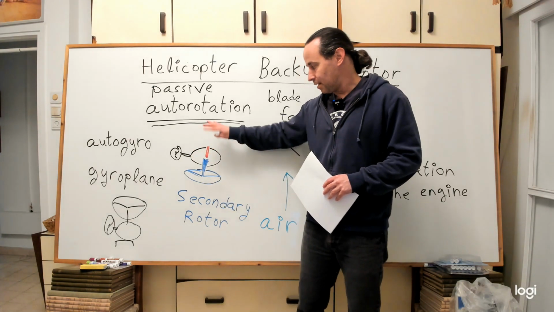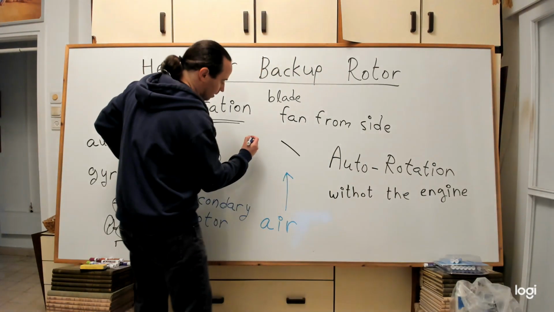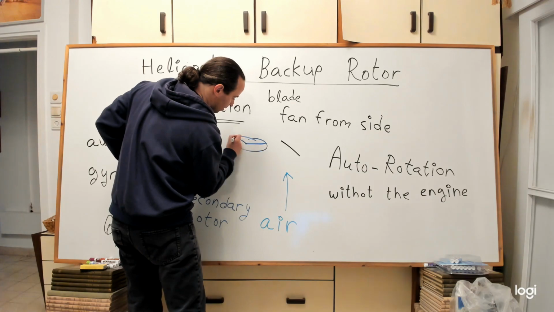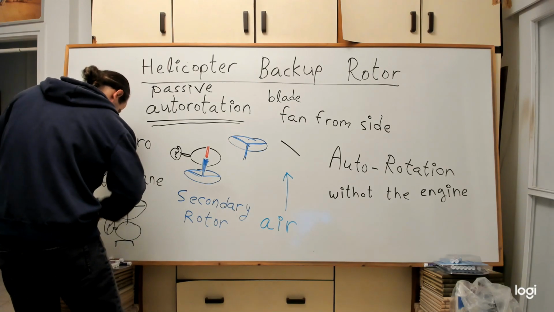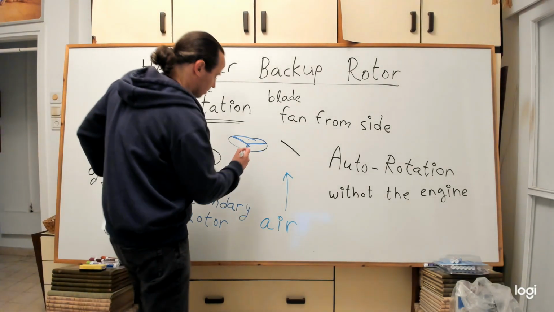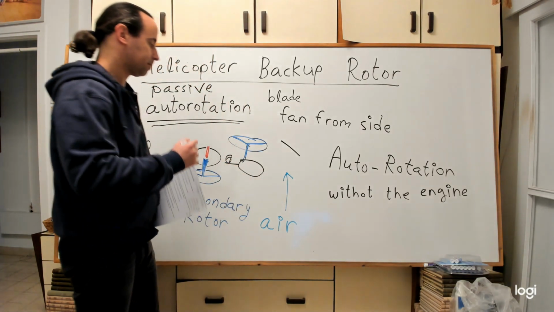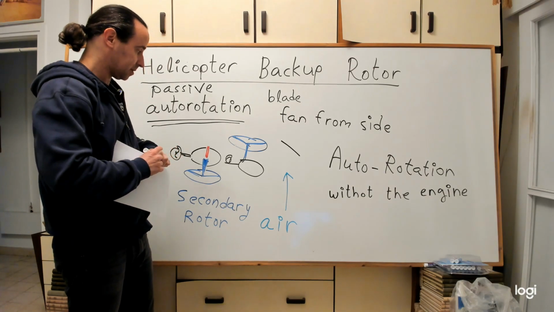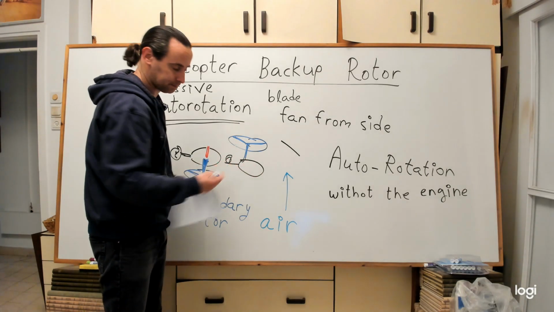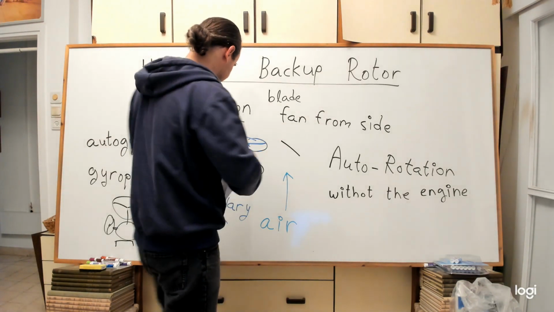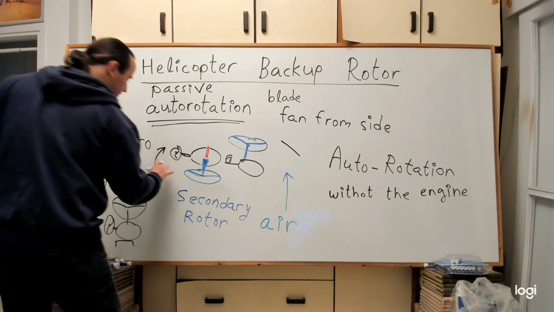So this is heavy, the whole thing flips, and this becomes the main rotor. And the whole thing looks now like this. Okay? I hope it's clear. It's the same thing, it just turned upside down.